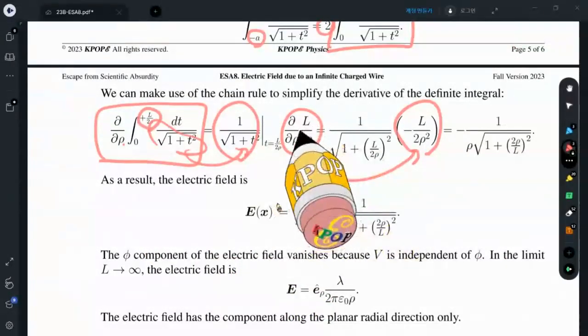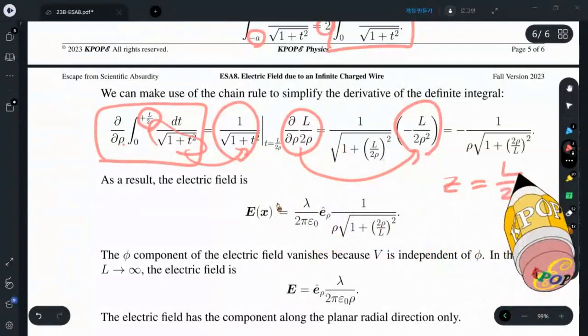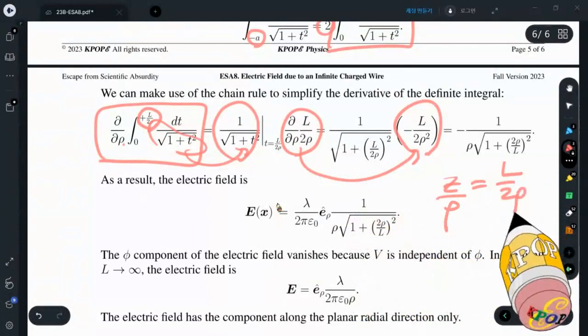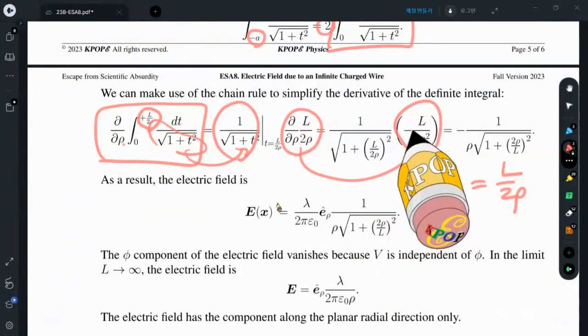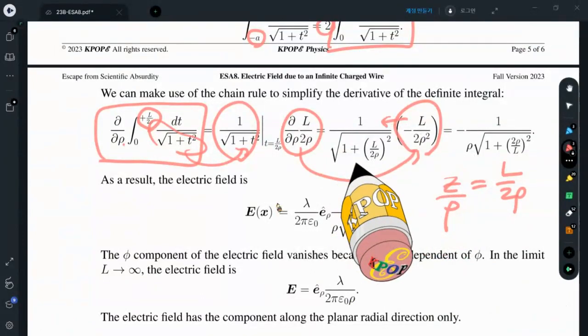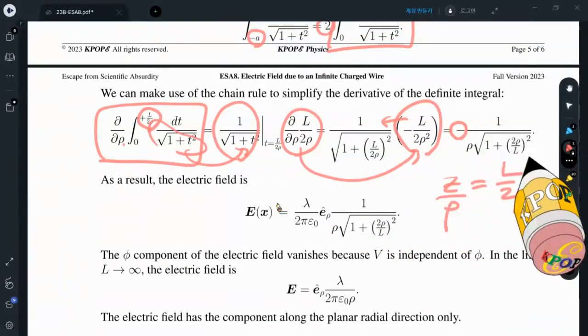Z at the upper limit is 1/2 of L. So Z over rho is L over 2 rho. I can absorb this factor inside the square root, and I have a negative sign and this.